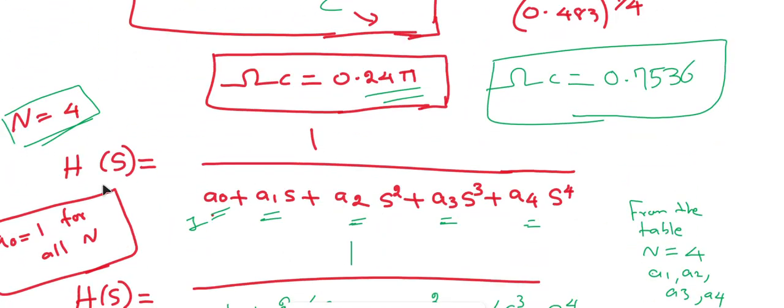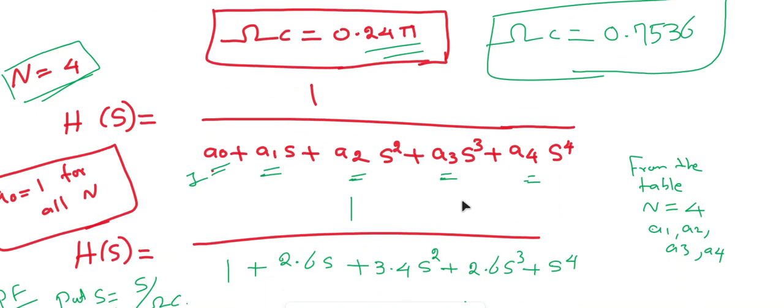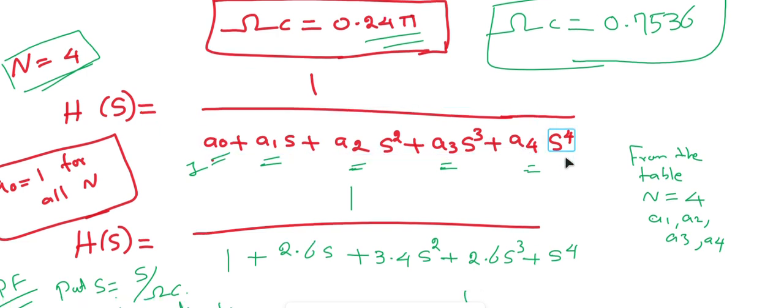Next step, you write down the analog transfer function for the order n equal to 4. For n equal to 4, the polynomial coefficients you can determine from the table. For the fourth order system, you can write a0 plus a1 s plus a2 s squared plus a3 s cubed plus a4 s power 4, where a0 is equal to 1 for all n.